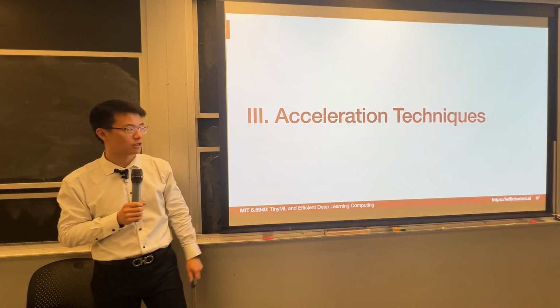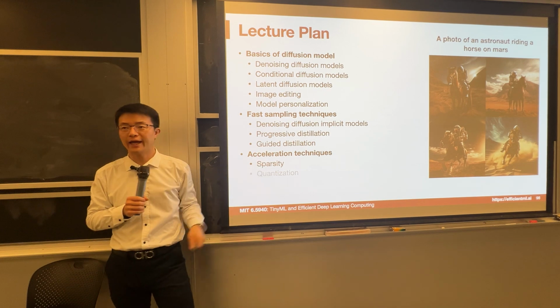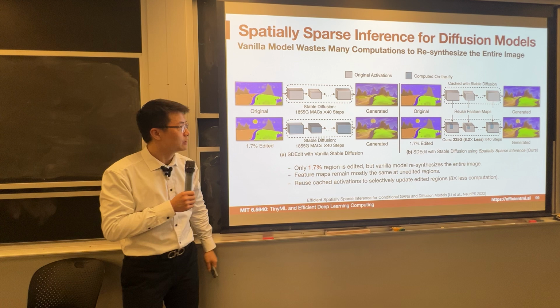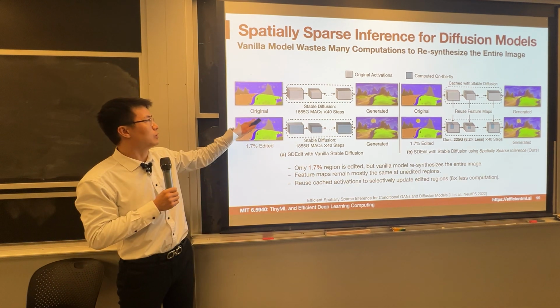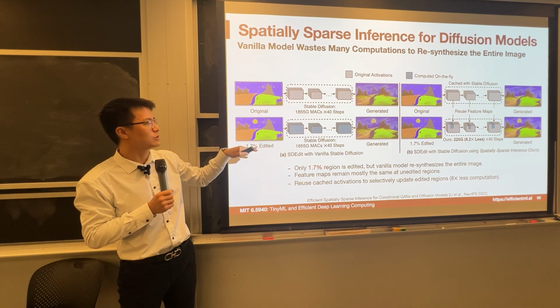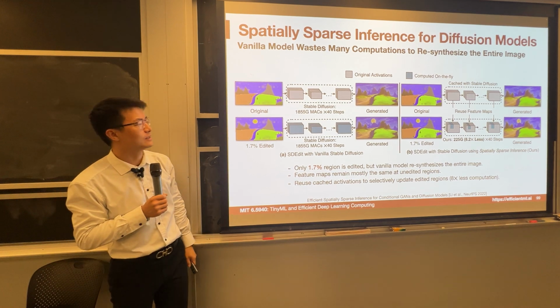So finally, let's talk about some acceleration techniques using sparsity and also quantization. When we are editing an image, we may not edit everything, right? So here we only add a sun on the top or a moon on the top. So it's only 1% or 2% of the pixels that is edited.